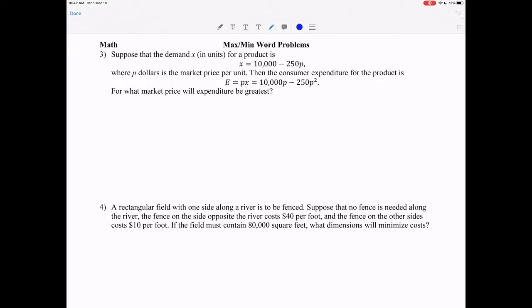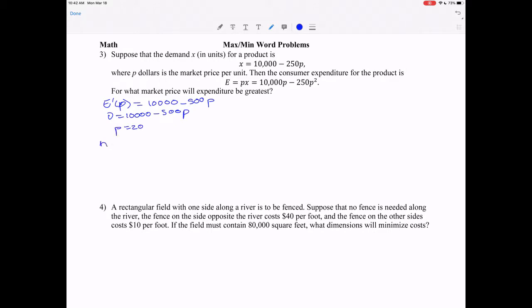Okay, so you're going to find E prime of P to be 10,000 minus 500P, set it equal to 0. So then P equals 20.